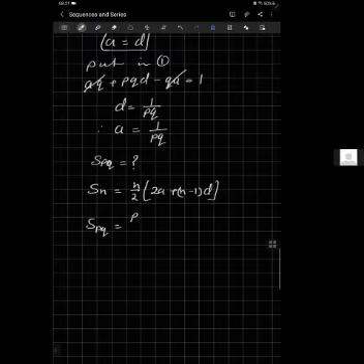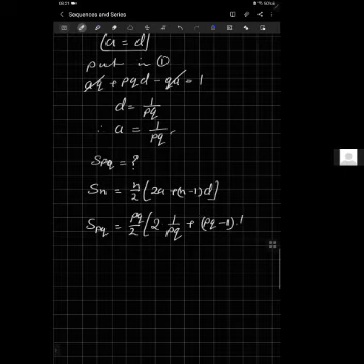So it will be PQ by 2 into 2a, the value of a is 1 upon PQ, plus n is PQ minus 1 into difference, which is again 1 upon PQ.